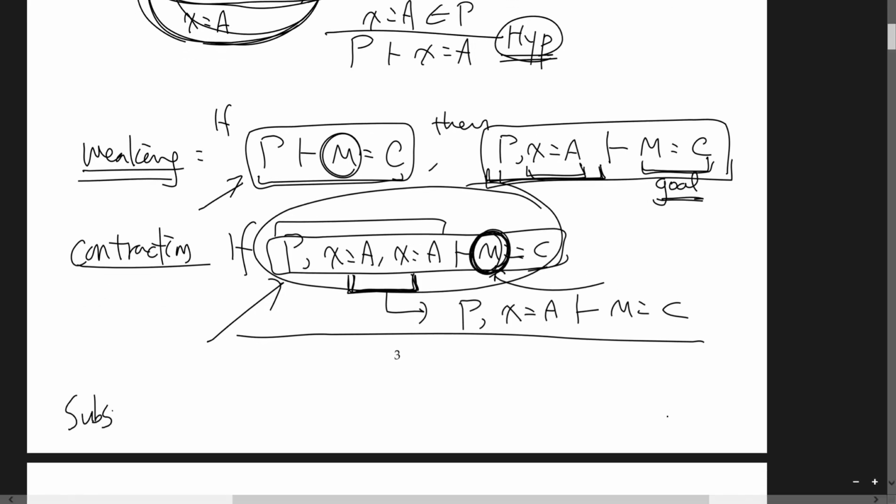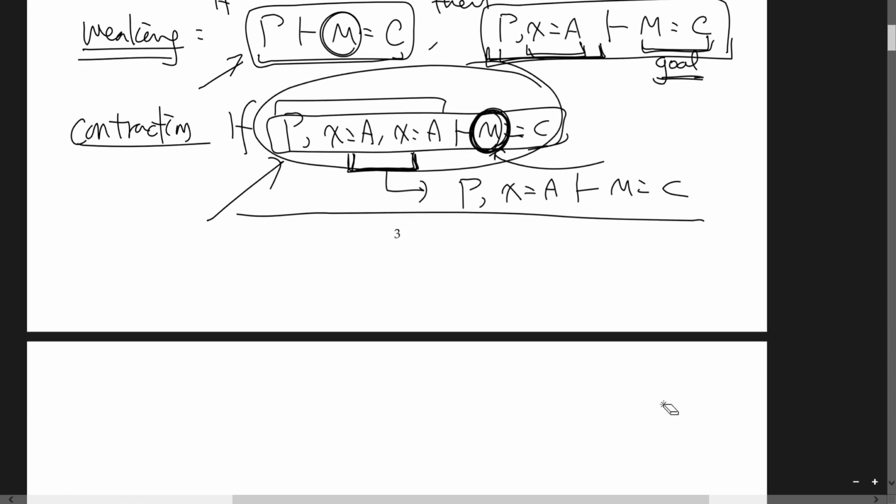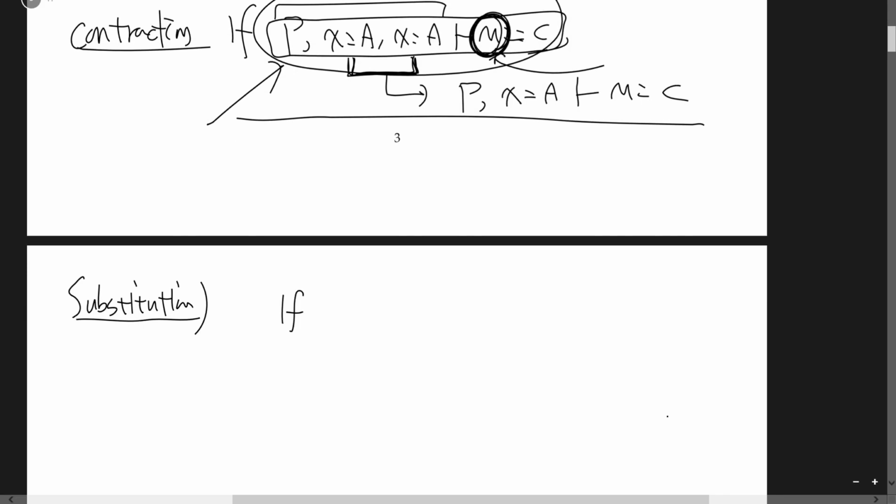And substitution is stated as follows. Suppose that you have a proof term M of type A under typing context gamma.